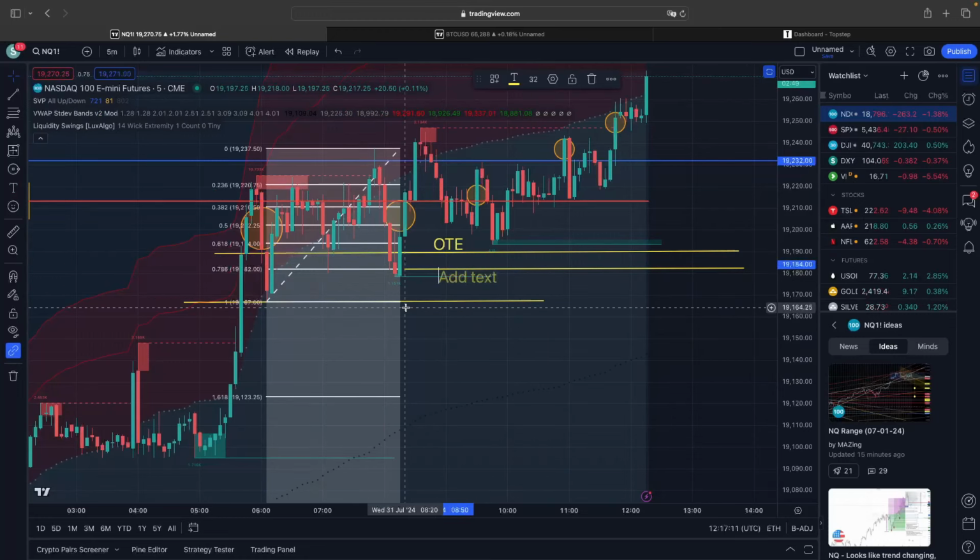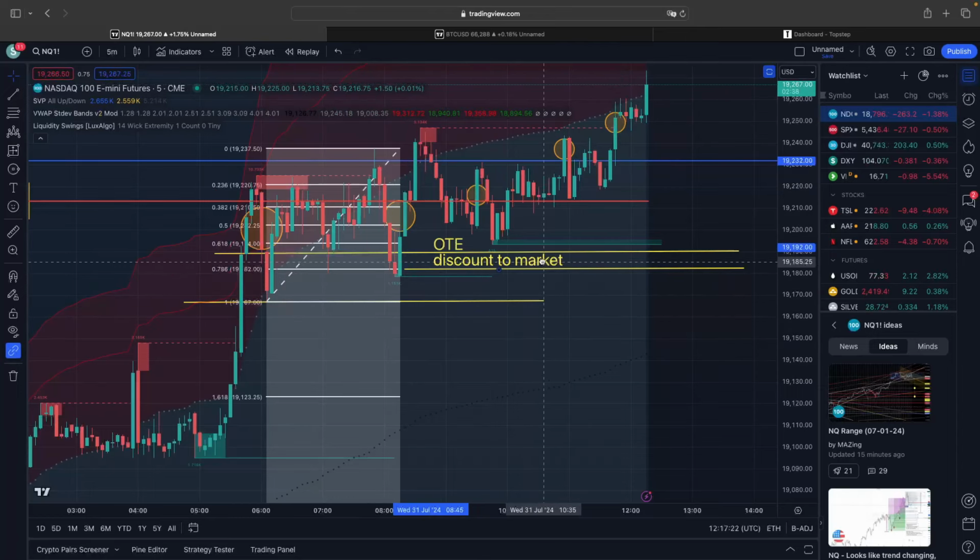So let's just do discount to market. So this line is currently a discount to market. So anything below the OTE is our optimized trading entry. Usually what I like to do is go a little bit below it, because obviously I want to take more profits.